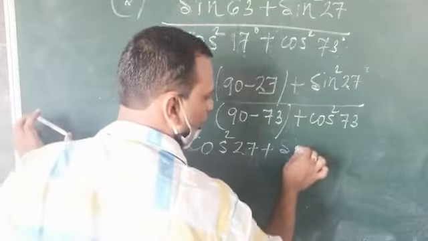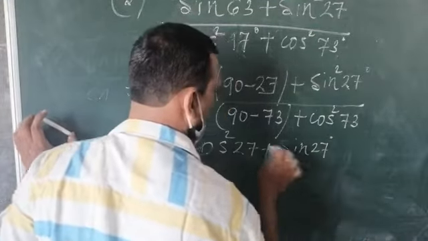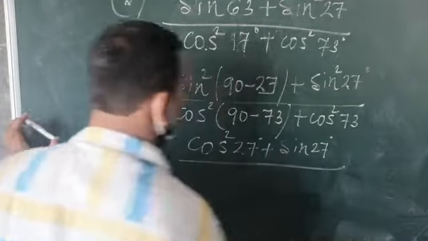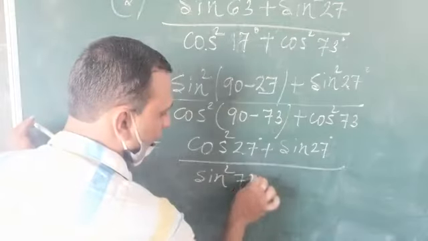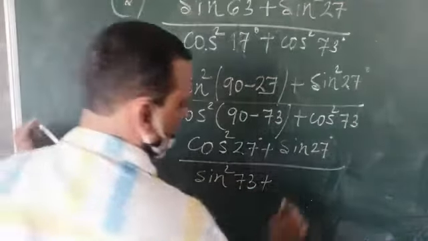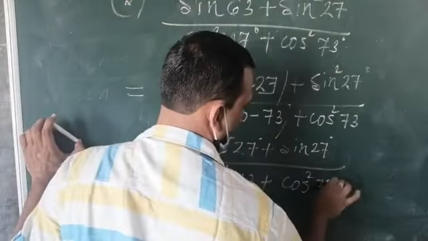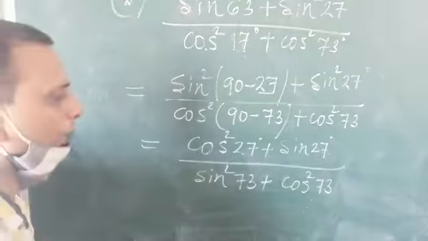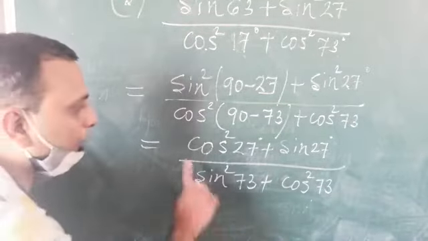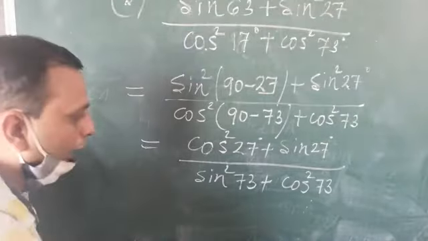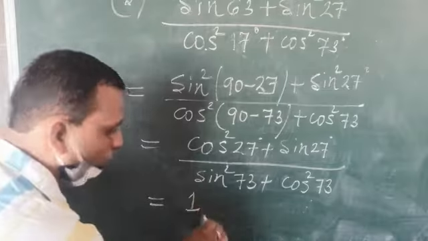Here also 27 degree, upon sin square. Now we can apply the identity. Which identity? Sin square plus cos square equal to what? Here also sin square plus cos square equal to 1. So 1 equal to 1.